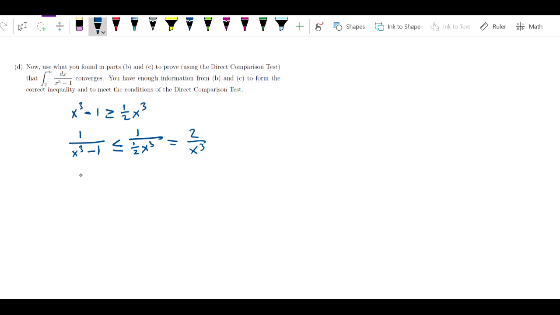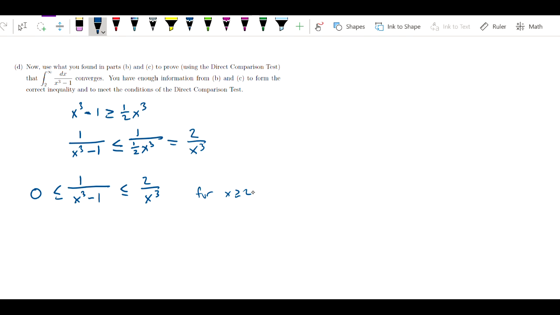So I now have the inequality 1 over x cubed minus 1 is less than or equal to 2 over x cubed, and of course those are both larger than 0 for x greater than or equal to 2.